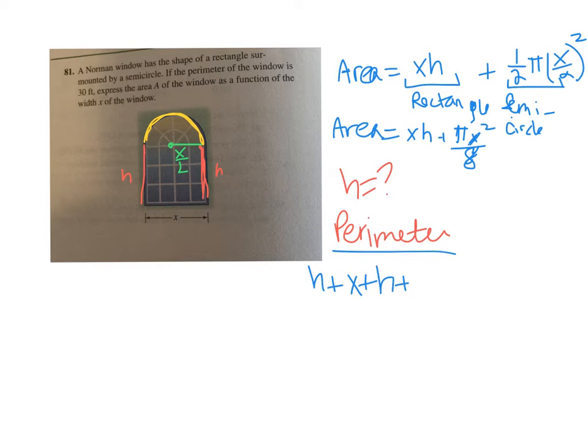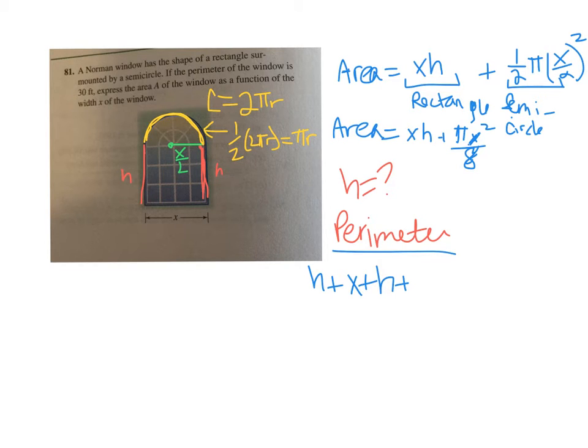So I'm going to use what I know about finding the circumference of a circle. That gives me the perimeter of a circle. Circumference of a circle is 2 pi r. That's a full circle, however. With a half circle, the perimeter is going to be 1/2 times 2 pi r, or just pi r.